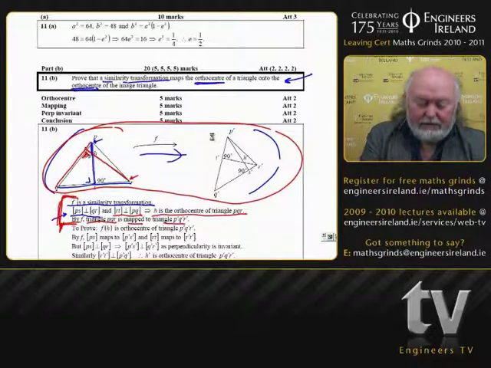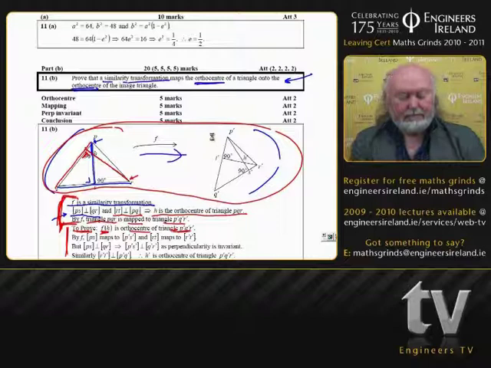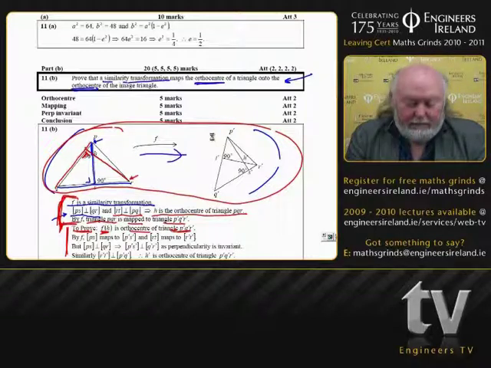We're now looking at, what do we want to prove? We want to prove that the map of H is the orthocenter of the mapped triangle. That leaves us just 3 lines.